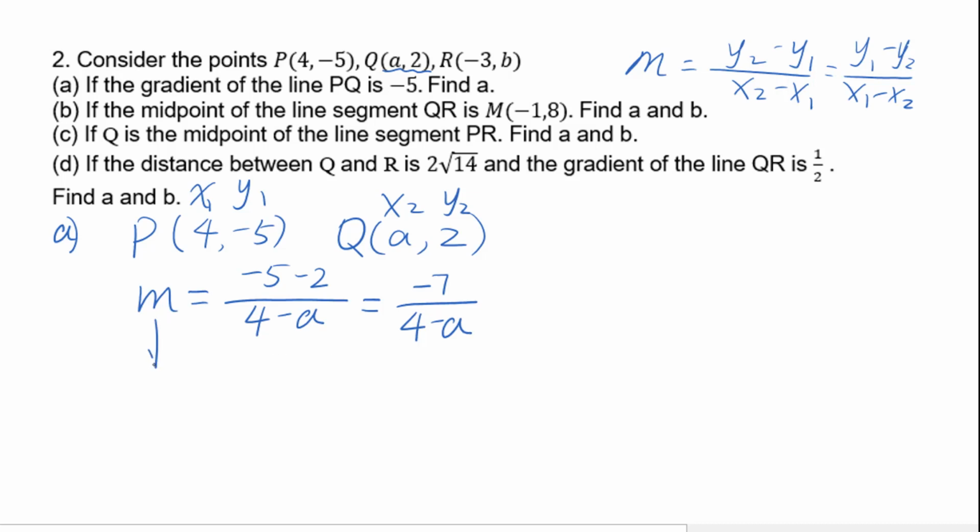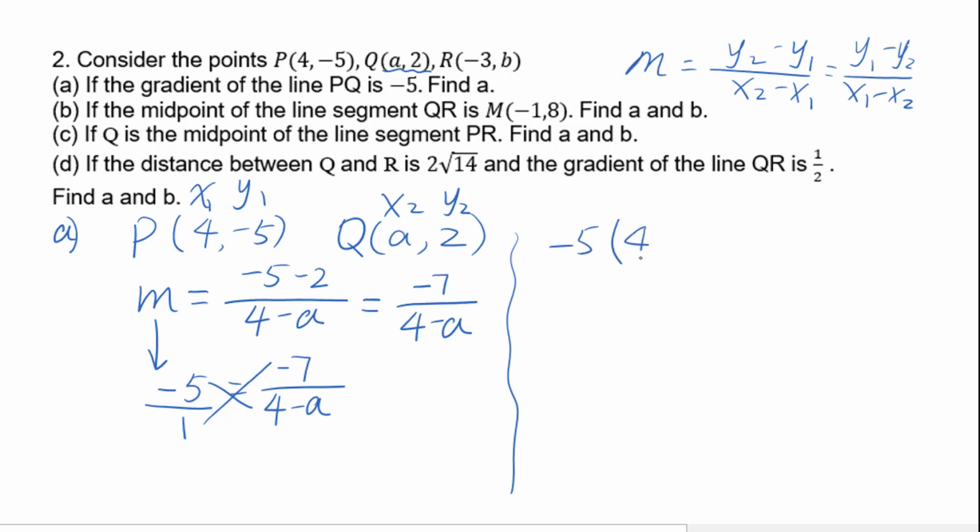Then the slope given, -5, equals -7 over 4 minus a. Then we will cross multiply. You will get -5 times (4 minus a) equals 1 times -7, which is -7.